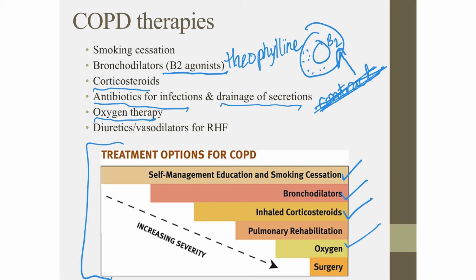And then finally, diuretics, which just encourage diuresis or water loss, and vasodilators like nitric oxide, things of that nature, to treat or prevent right heart failure. So the worse it gets, the more we're going to move down this line and eventually maybe work into surgery to resect any areas that become irreversibly damaged.